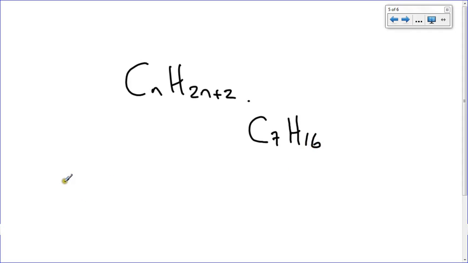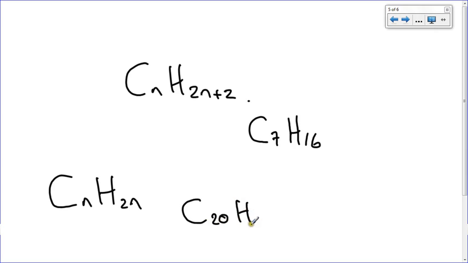And the same goes for alkenes. If that's our general formula for alkenes, I could ask myself, what would the molecular formula be for an alkene with 20 carbon atoms? 20 carbons, the number of hydrogens would have to equal 2 times 20, which would be 40. There you go.